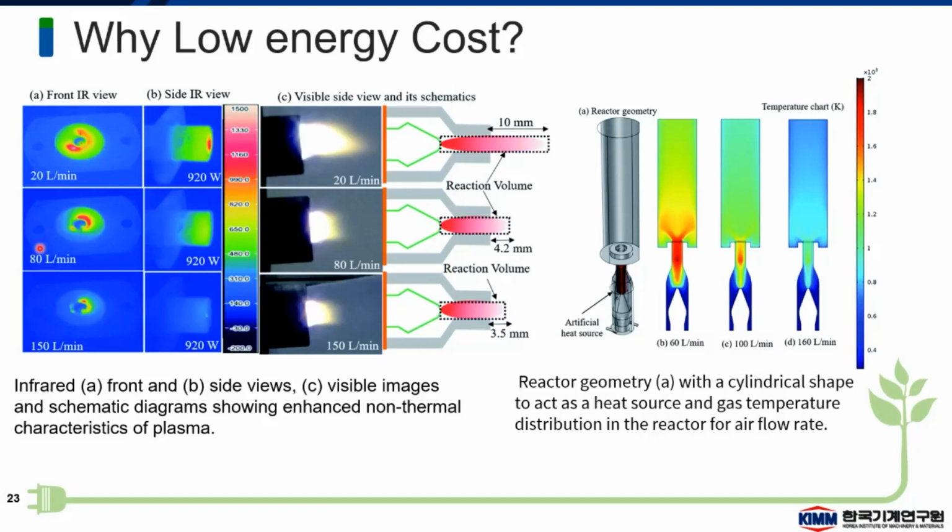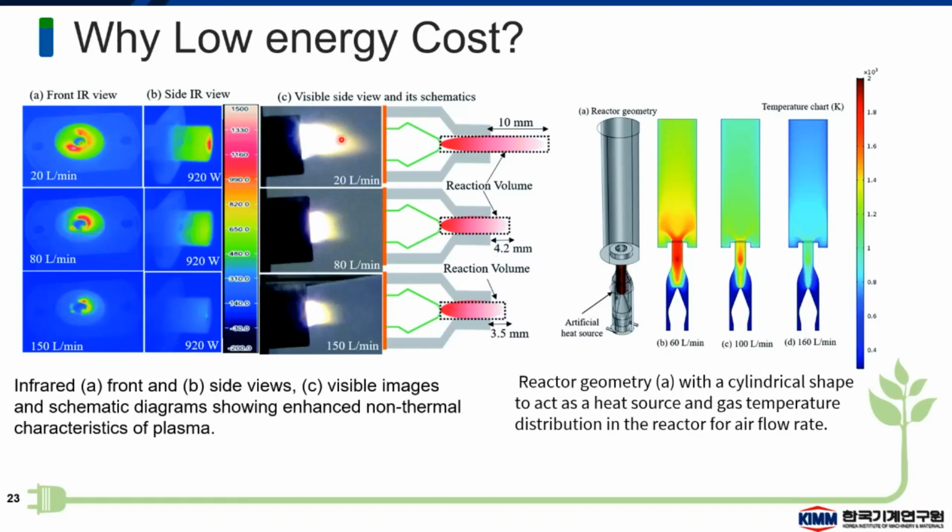But as we increase flow rate and decrease specific energy, we can see that the temperature of the reactor becomes almost room temperature. So we can say that when we decrease specific energy, quenching of the reaction becomes very quick and energy losses become less. That's why we get high energy efficiency.